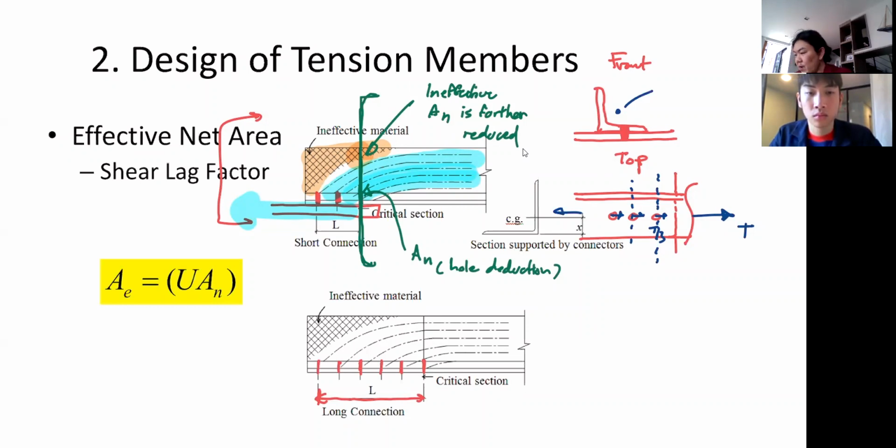So the force has a better opportunity to make a transfer from the centroid of the member into the connection. So the transition is smoother because the length of the connection is longer. Just like when you drive a car and you don't have to make a tight turn, the radius of your turn is wider, so you change lanes more smoothly.